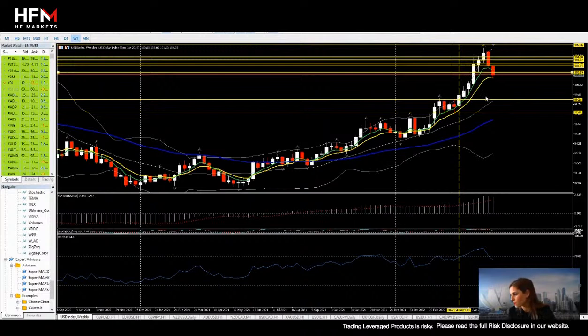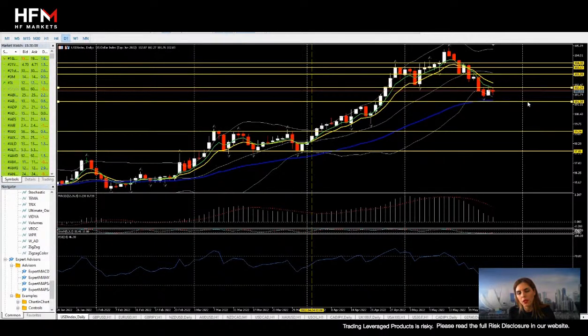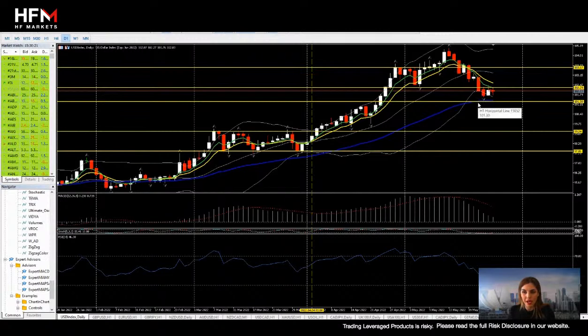Okay, questions keep coming. That is a very important support in the dollar index, and this is the 50-day moving average. Let me get rid of some of the lines over here because I want to show you how important the 50-day moving average is.